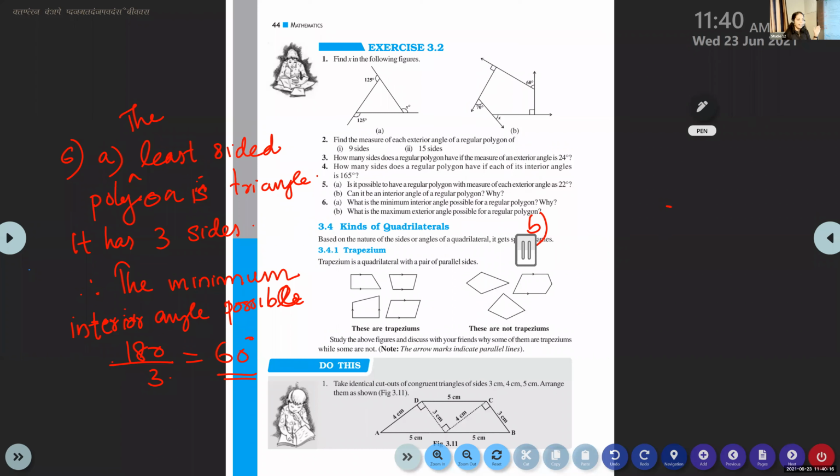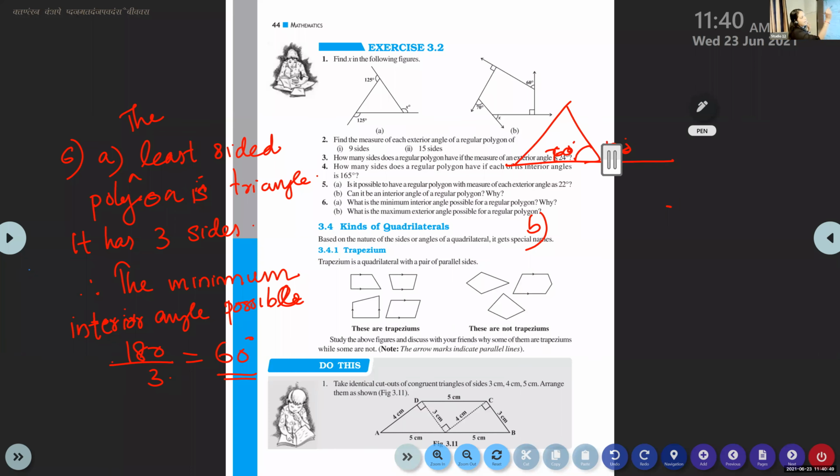Smallest interior angle, if it is in increasing order, suppose 60, 70. If the interior angle increases, the exterior angle decreases. If it is 60, this is 120. If it is 70, it will be 110.